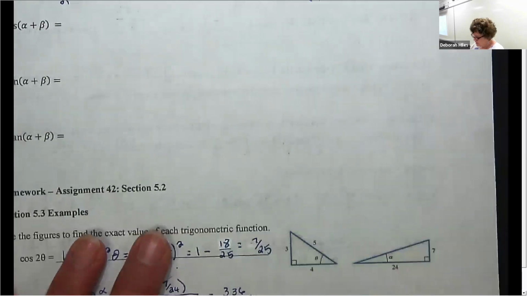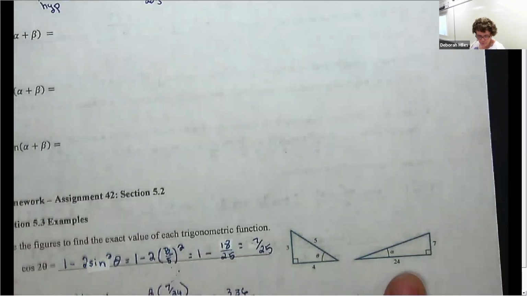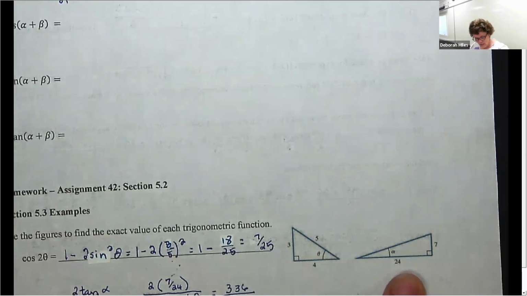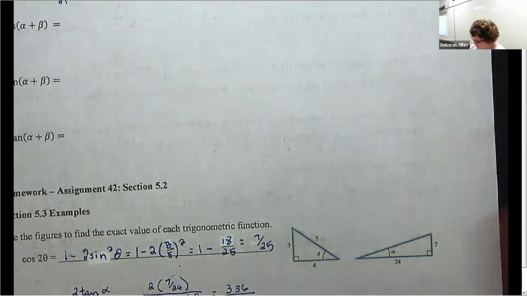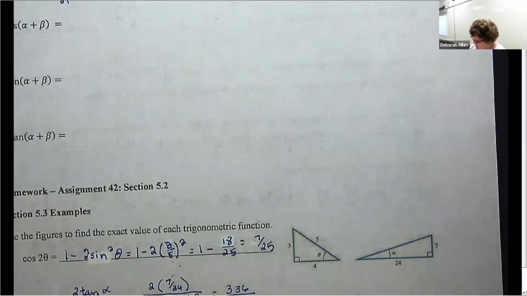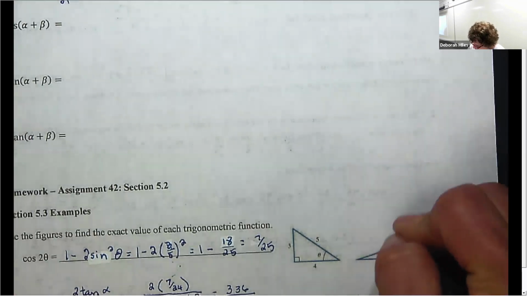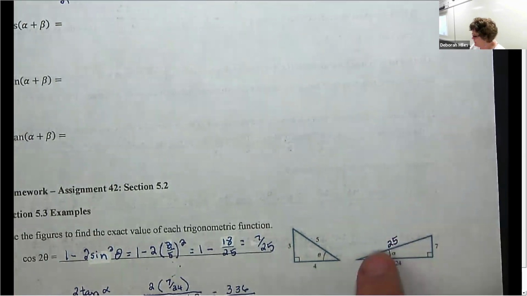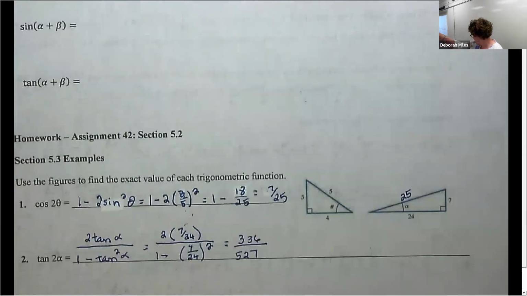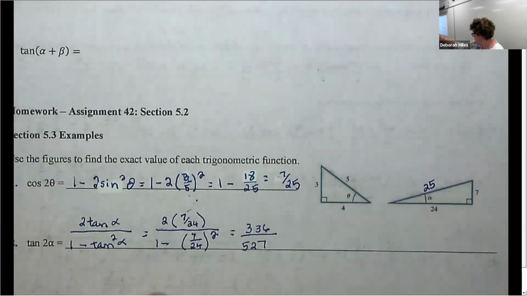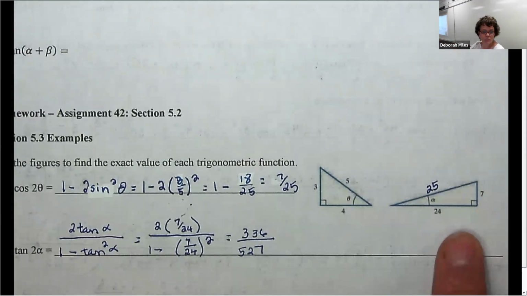So flipping the paper back over, what is the sine of theta? We have to have the hypotenuse for that. And the Pythagorean theorem would be the square root of 24 squared plus 7 squared. I just happen to remember that 7, 24, 25 is a Pythagorean triple, sorry.